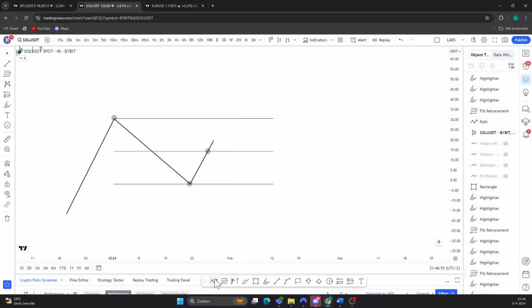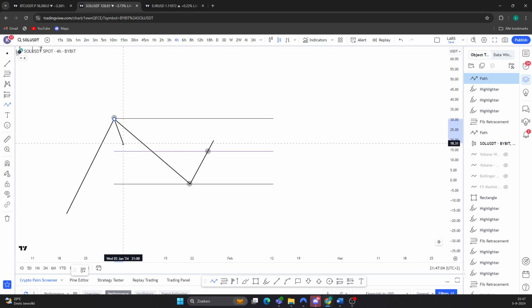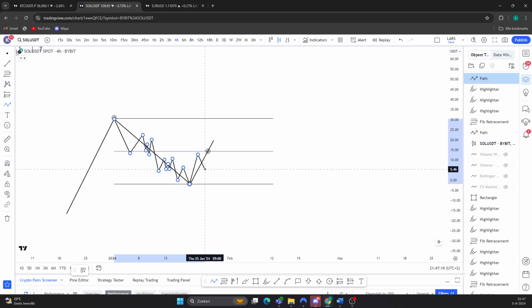But this may look like one move down on the 4-hour. But maybe on the 2 hour or on the 1, we have some sort of a downtrend here, right? Like this.